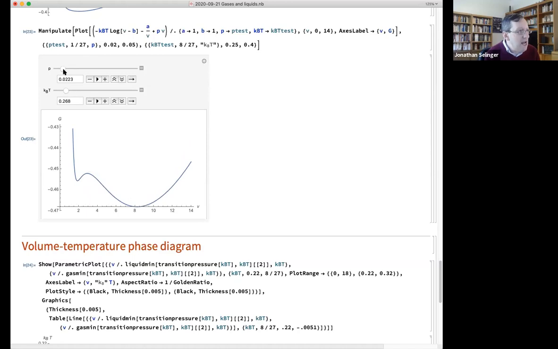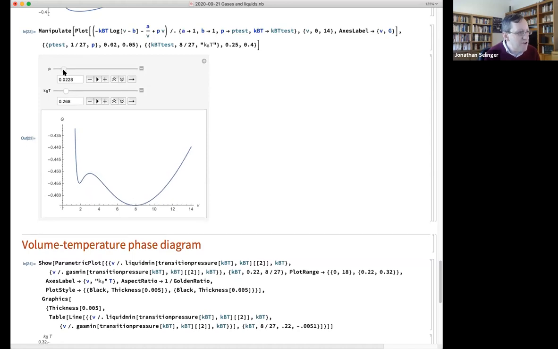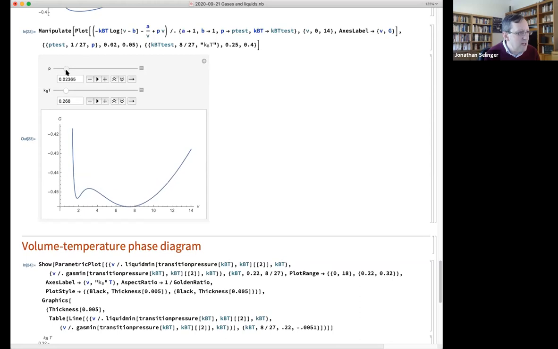And then I better raise the pressure to stay on the phase boundary. Now I'm back on the boundary, but the difference between liquid here and gas here is smaller than it was. I better raise the temperature more.